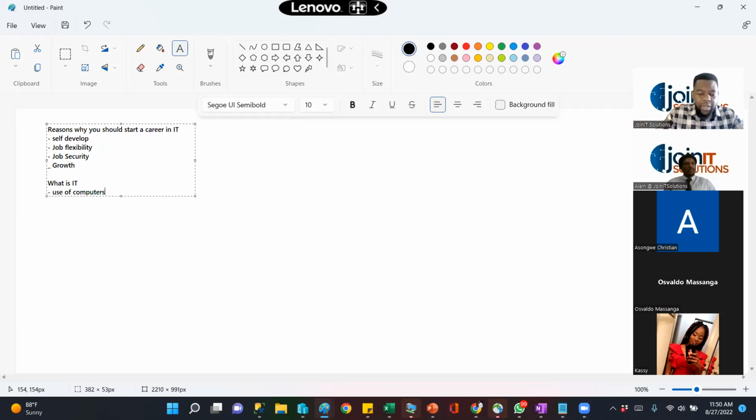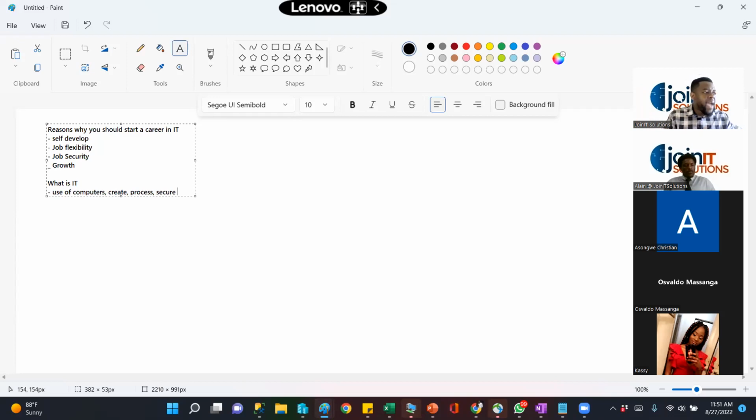You use computers to create, process, secure, and exchange all forms of electronic data. That is exactly what IT is.